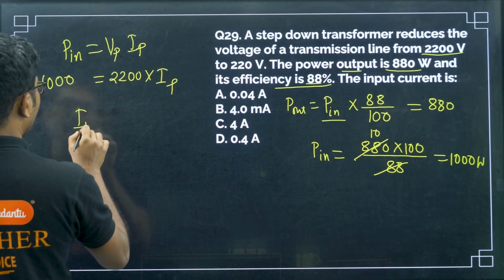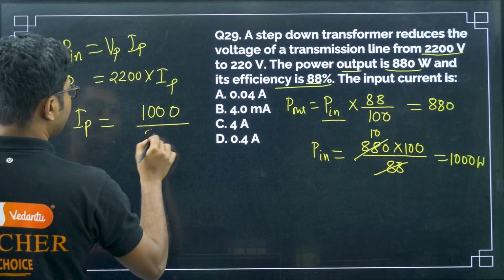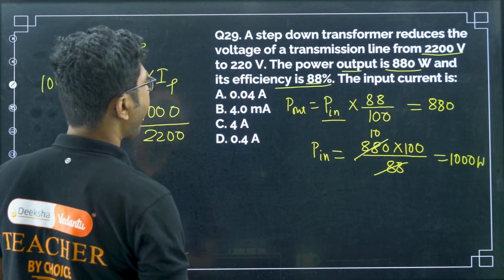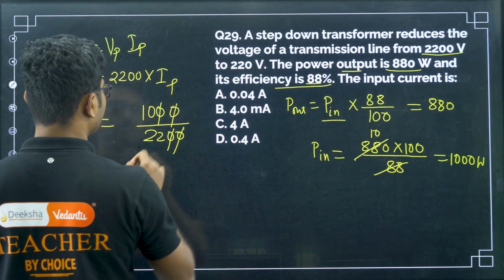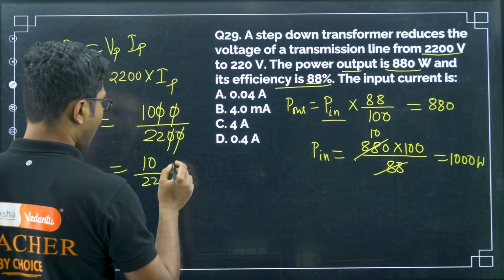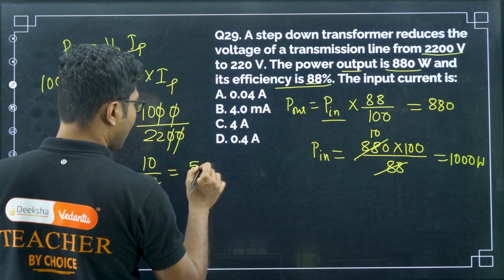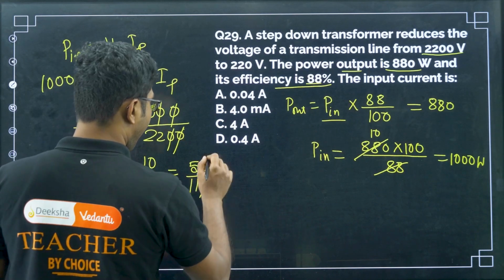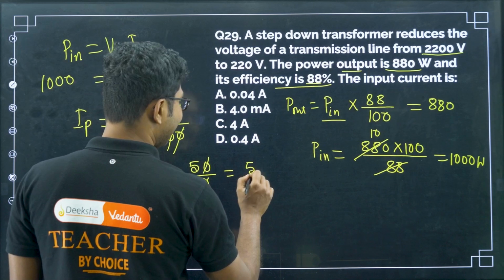So IP will equal 1000 divided by 2200. So it will be 10 by 22, or you can divide by 110 and get 5 by 11.